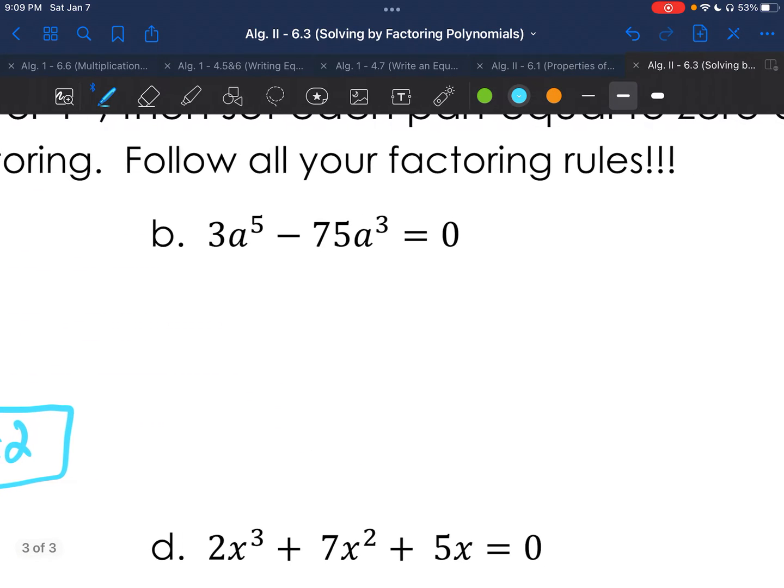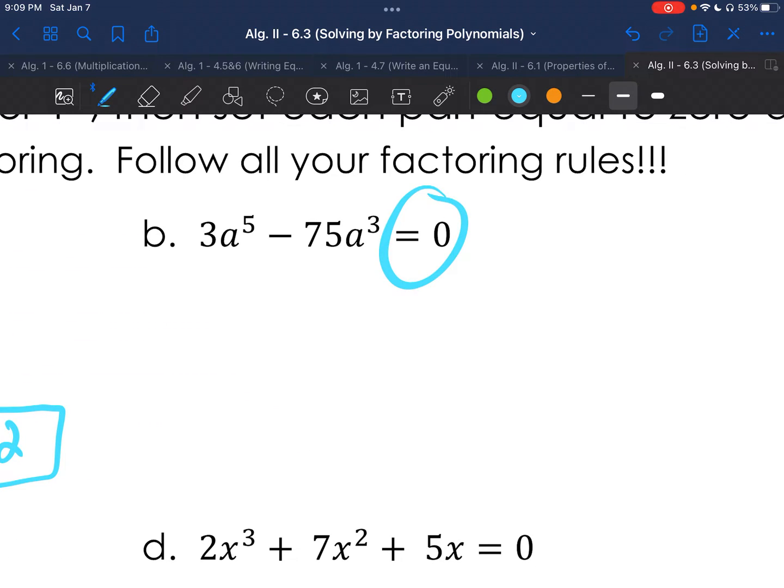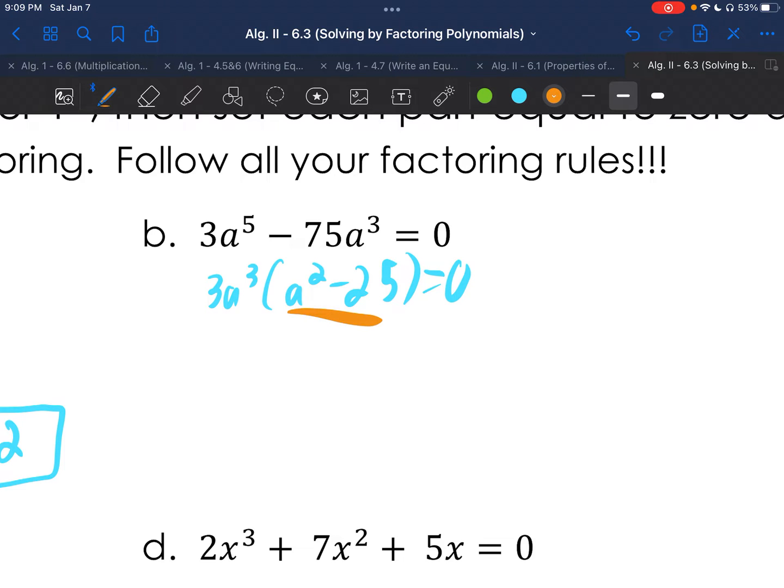Example B, we have it equal to 0, and we have a GCF, so we're going to start by taking that out. Our GCF is 3a to the third, and we're left with a squared minus 25 equals 0. Inside there's 2 terms, so we look for a difference of 2 squares, and it is. So our 2 parentheses are going to be a minus 5 and a plus 5.